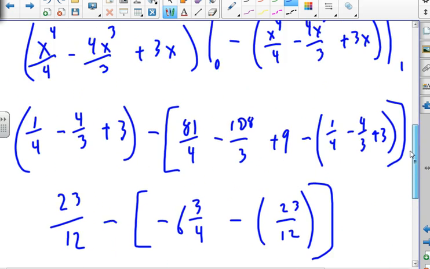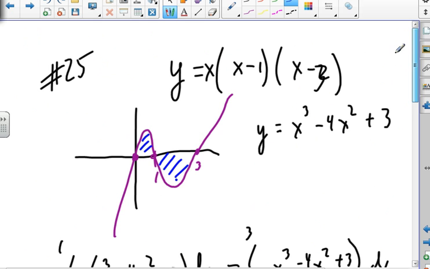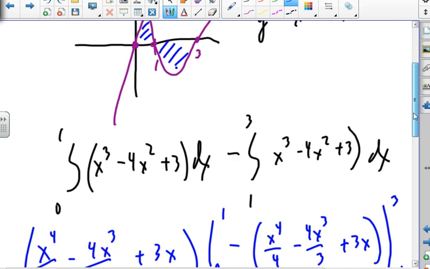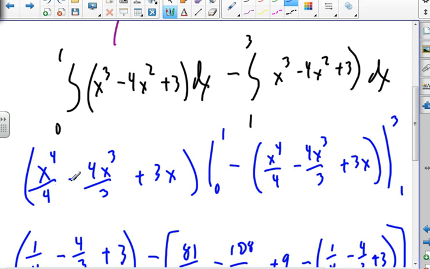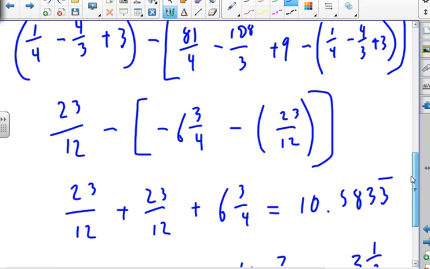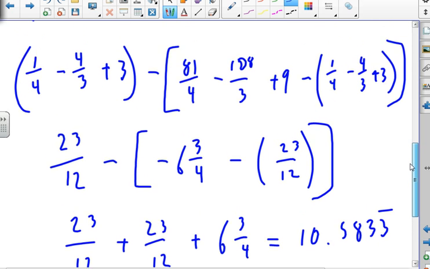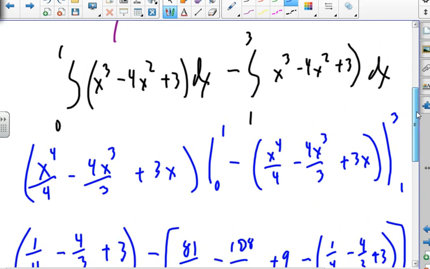All right, so moving back. Did I do this wrong? x squared minus 4x plus 3. No, I did that guy right. Did I do this wrong? No, no, no. Did that guy right. Now, if I were to say plus here instead of minus, then I'd get a minus 6 3/4. So I can't do that. That's not where the mistake is.